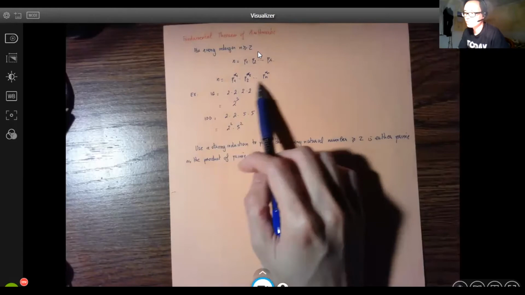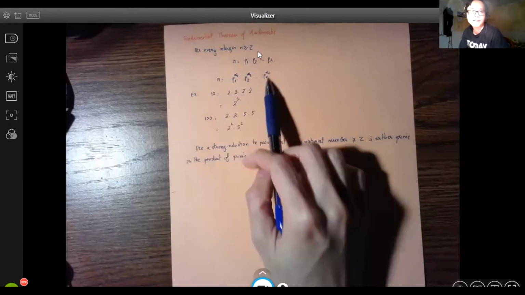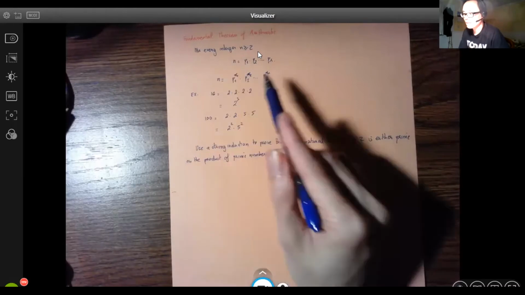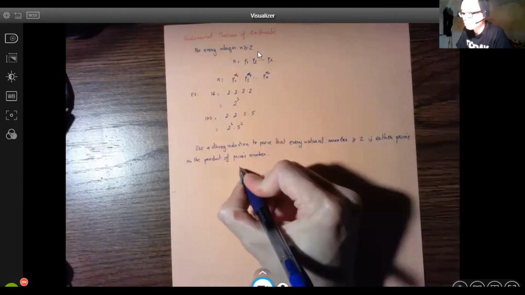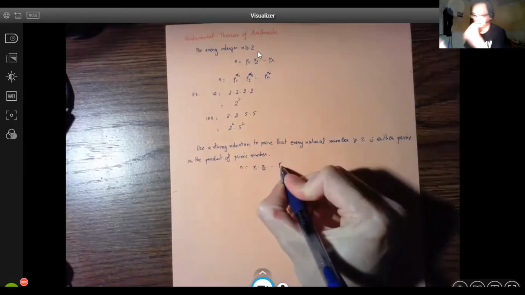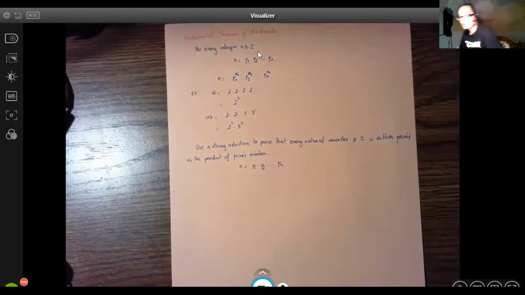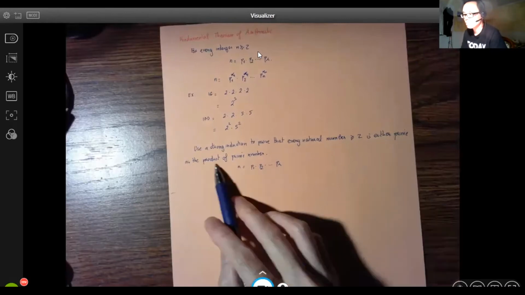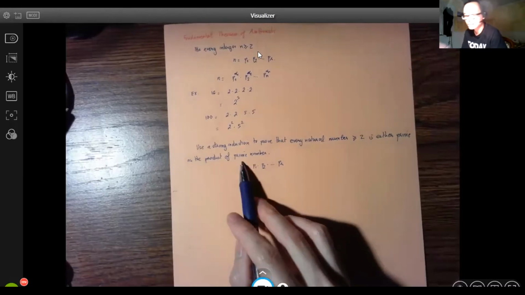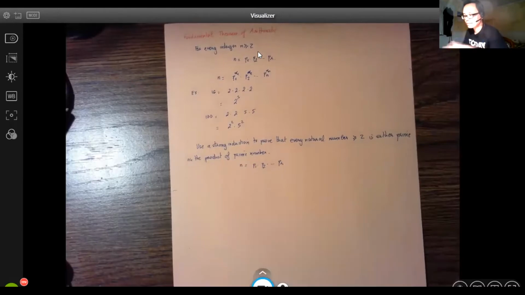They don't want you to prove this part. They just want you to prove this. It means that n over here can be written as p1 times p2 times pr, and p1, p2, pr can be repeated. It doesn't have to be distinct. Over here, they just say it's a product of prime numbers. They didn't say a product of distinct prime numbers. Okay, so how are we going to do this?